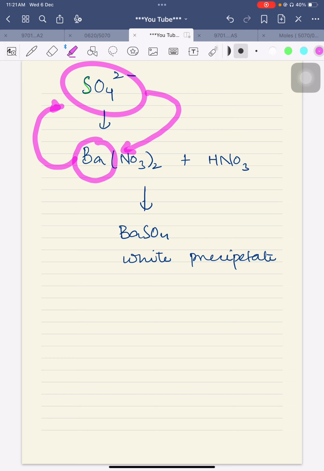So if sulfuric acid is added and white precipitate is formed, it means that X was barium. And if barium nitrate is added to X and white precipitate is formed, then X is sulfate. Barium has reacted with sulfate to form a white precipitate of barium sulfate. So we can be asked regarding barium from sulfate, or regarding sulfate from barium. It can be one way or the other. This is one of the things you should know regarding the identification of ions.